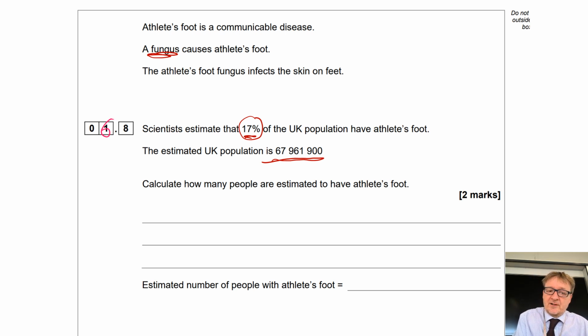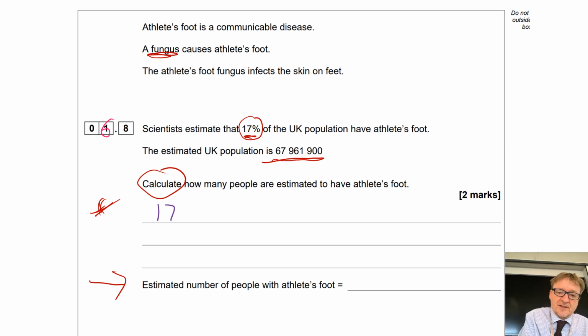Right, so what they're doing here, calculate. I'm going to be doing a sum. I'm going to do my working out here, and then I'm going to put an answer here. How many people are estimated to have athlete's foot? Now, there's a number of ways you can do a percentage. The way I like doing it is 17 over 100 multiplied by the population.